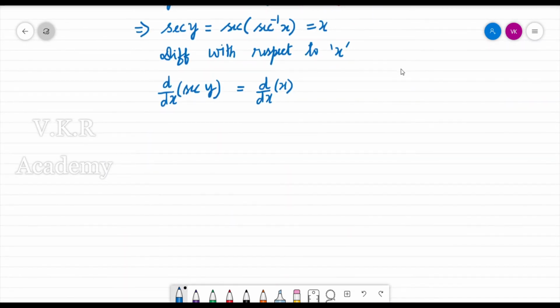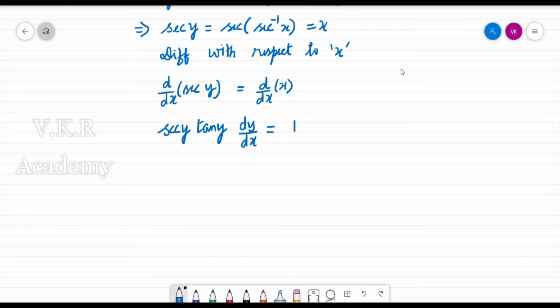So differentiating secant y, we get secant y into tan y into dy by dx, that is by chain rule, is equal to 1.